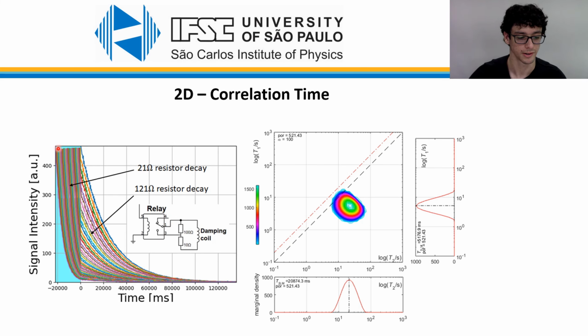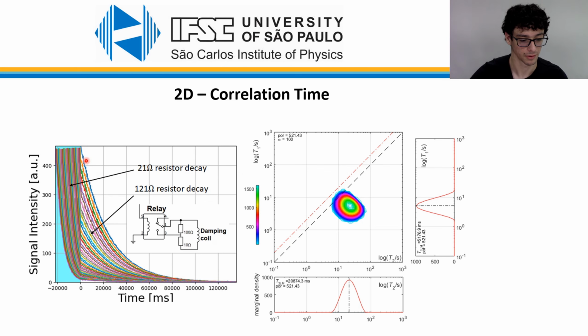This blue part here, we don't see in nuclear magnetic resonance experiments because it's the amplitude modulation we do using a pulse sequence. We only see the second part, which is the decay that had the amplitude modulated by the first mixing part.